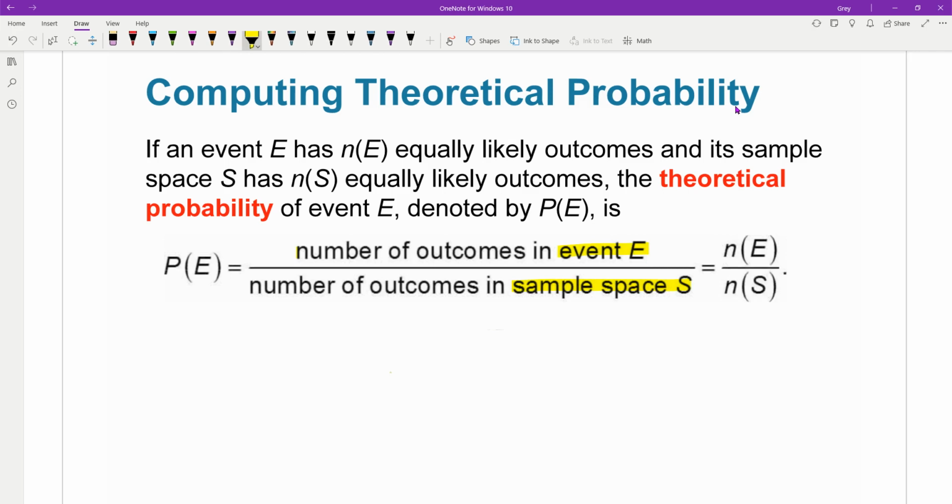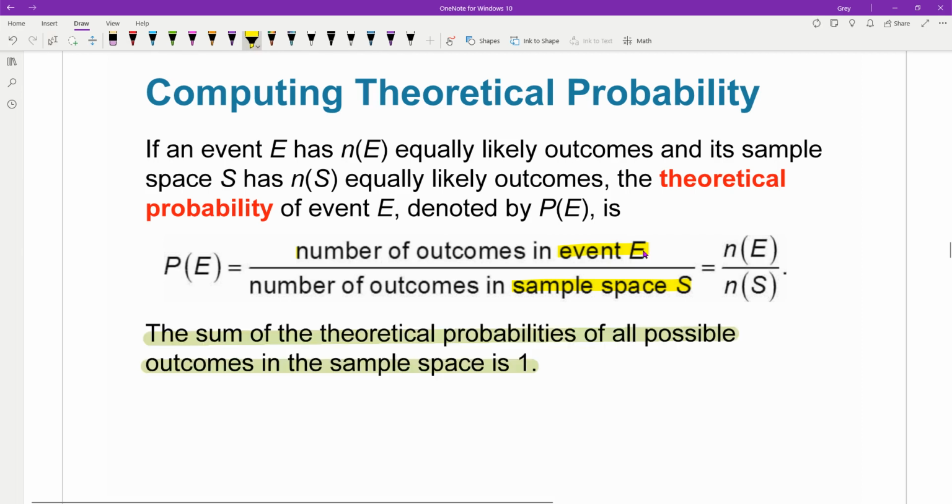Most importantly, the sum of the probabilities of each event always has to add up to 1, because that's all the possible outcomes in your sample space.